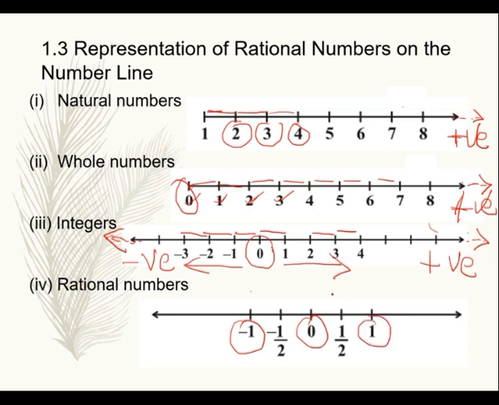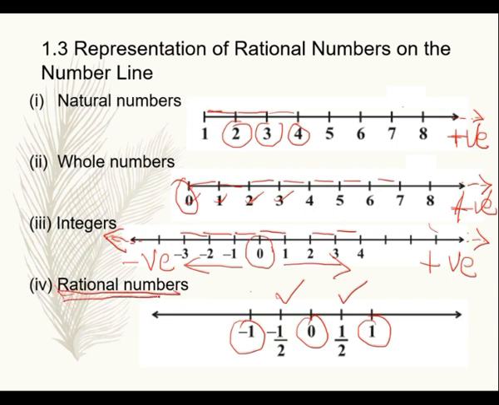If we have, along with the integers, the numbers in between them, that is, parts of the whole, then that number line is called a rational number line.